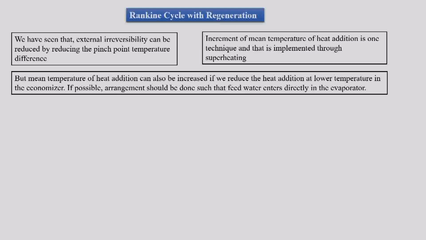It depends upon the source of heat. So since it depends upon the source of heat, we can increase the mean temperature of heat addition by reducing the amount of heat added into the water in the economizer part.